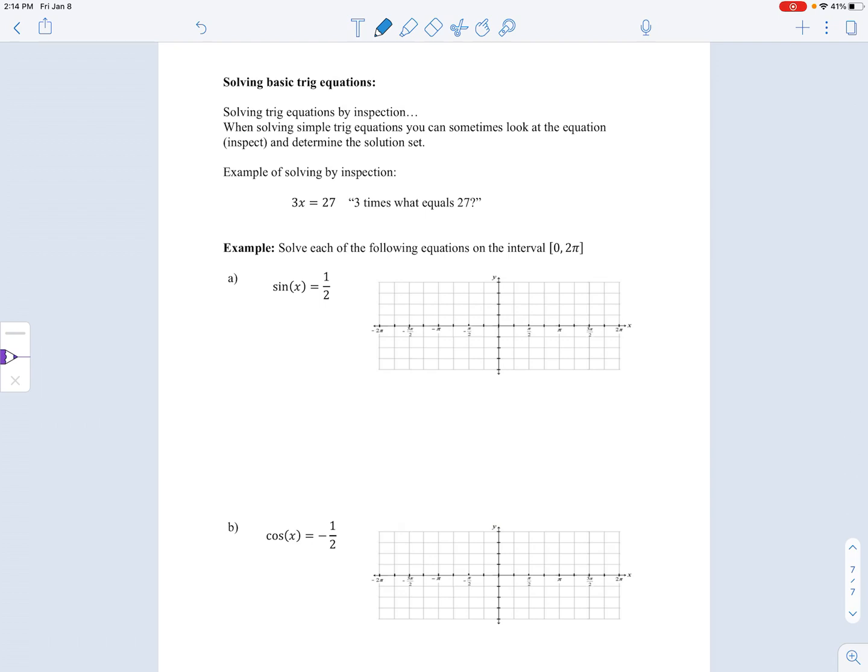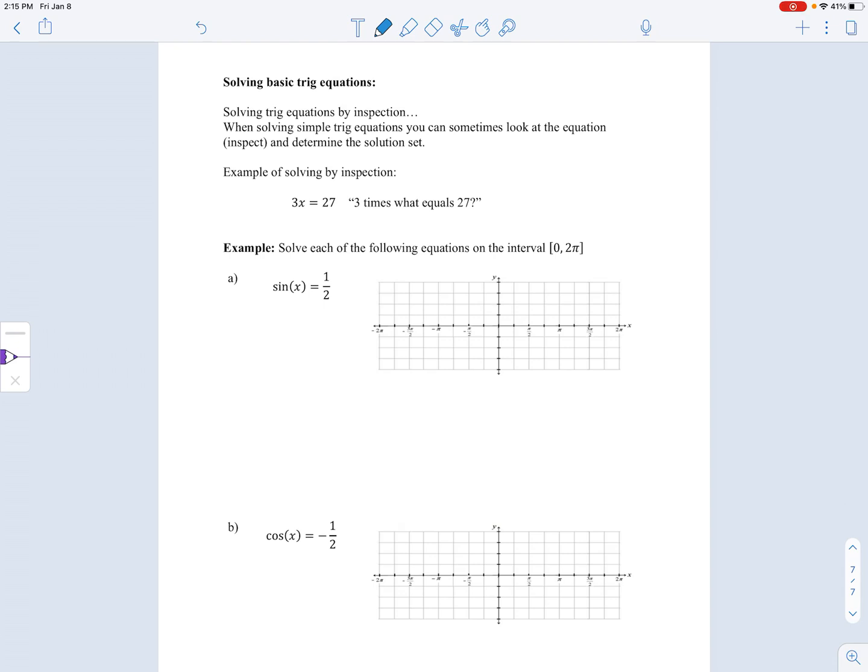And then the last thing that I have in this very brief review of trig, because remember, trig was spread out over multiple chapters in your pre-calc class, is we're going to talk about just solving super basic trig equations. And what I mean by basic is by inspection, okay? So when you're solving something by inspection, it means you can just look at the equation and determine what the answer is, like what the solution is.